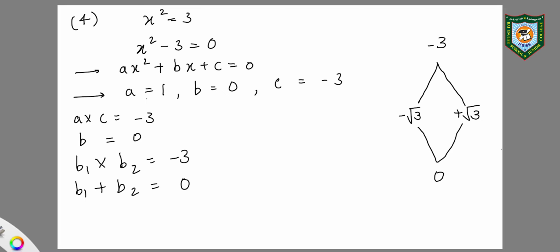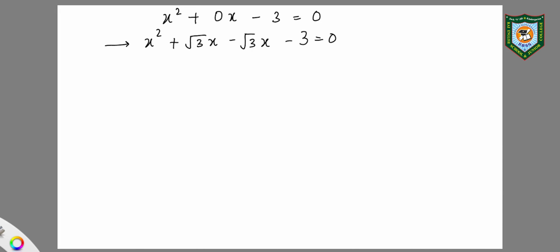Therefore, where I have no b value in my original equation, I can write my equation as x square plus 0x minus 3 is equals to 0. Then I can split this 0x as plus root 3x minus root 3x, minus 3 is equals to 0. This has not changed the equation, as root 3x minus root 3x becomes 0.